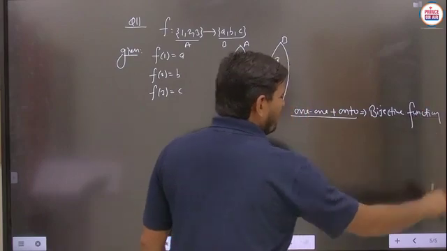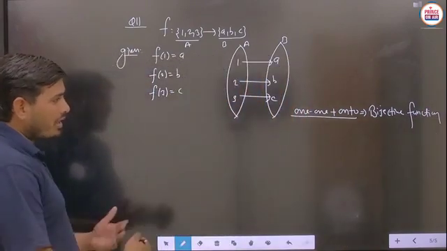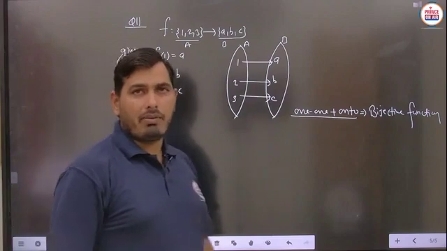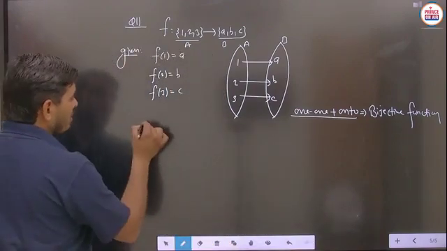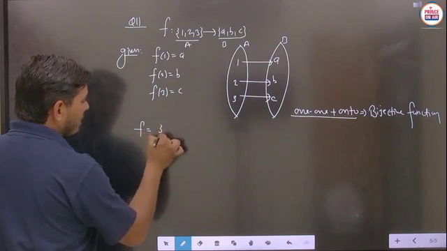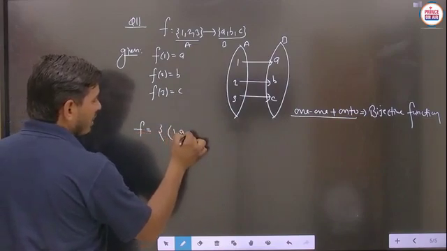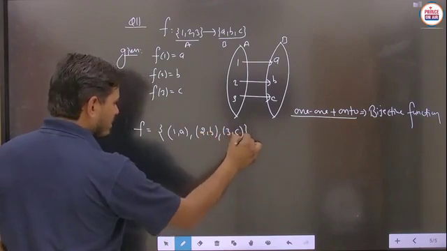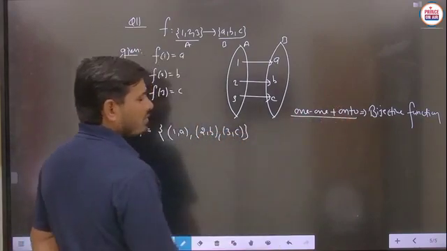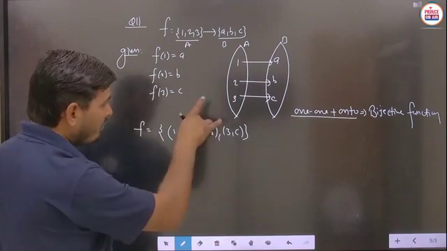In the case of a bijective function, the function is invertible, and the inverse of that function is possible. So if the function f can be written like this, (1, a), (2, b) and (3, c), then easily you can prove the function is 1-1 and onto on behalf of this mapping.